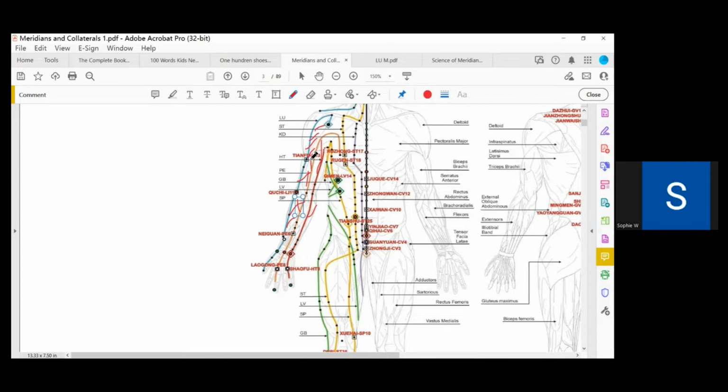There are many branches, like a net. If that's the meridian, these small lines separated from the meridian are the collaterals. They form a net.